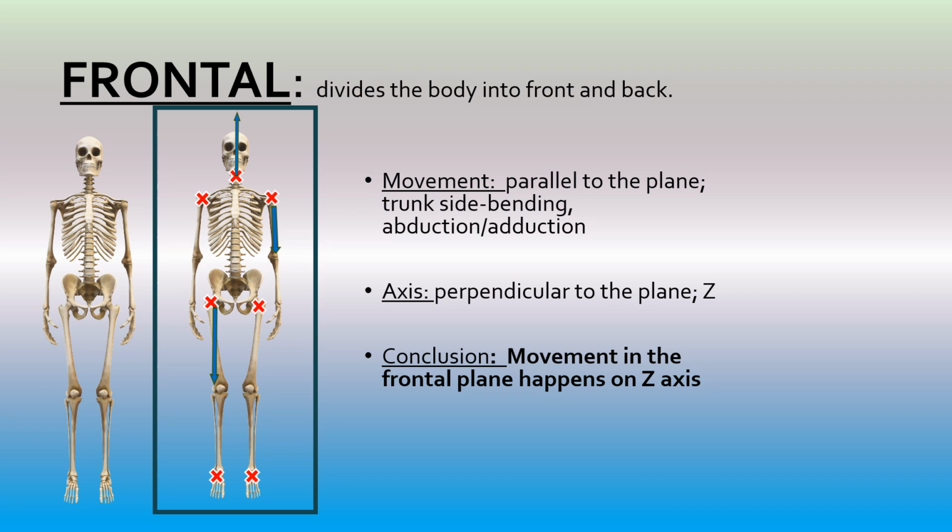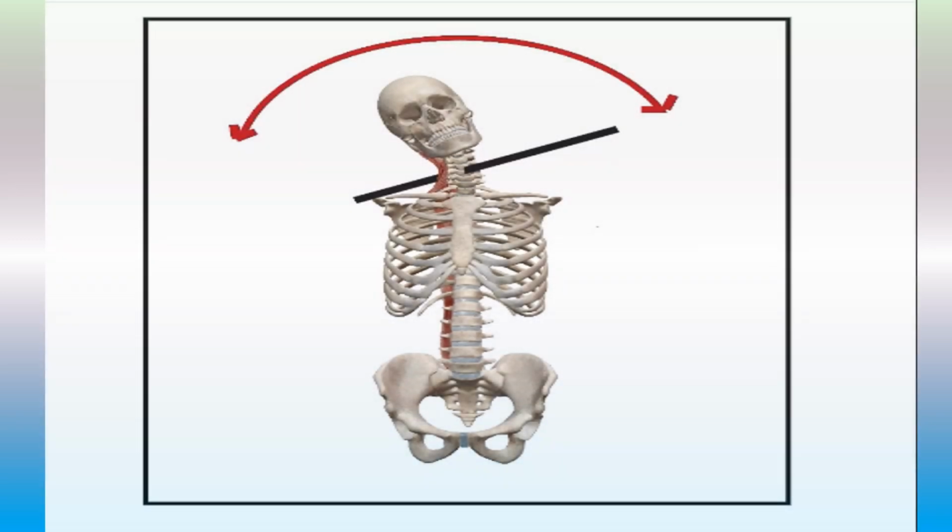Now that may seem confusing, so let's take a look at the next slide. On this slide, we can see z-axis going anterior to posterior and movement happening, side bending of our neck, bringing our ear to our shoulder.